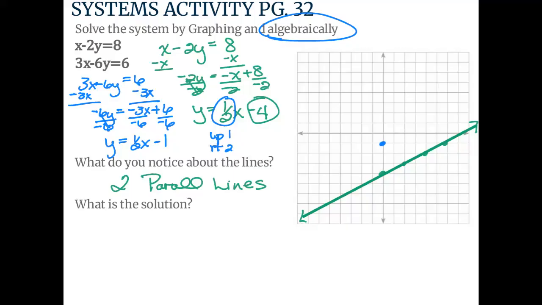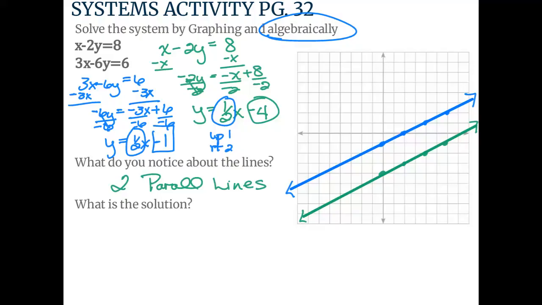So different y-intercept, same slope. That's why they are parallel. So up 1 over 2, up 1 over 2. Let's draw a nice line. So, two parallel lines. What is my solution then?